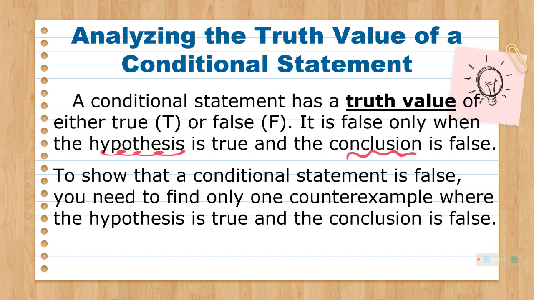A conditional statement has a truth value of either true or false. It is false only when the hypothesis is true and the conclusion is false. To show that a conditional statement is false, you need to find only one counterexample where the hypothesis is true and the conclusion is false.